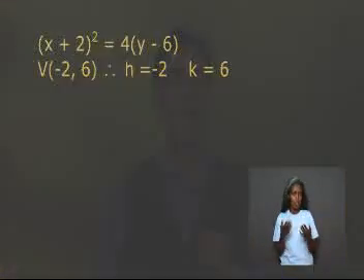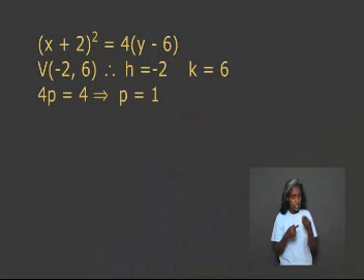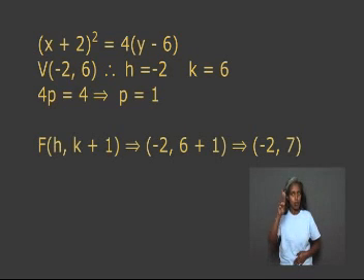Hello, everyone. I am sure you did not find this activity too difficult. The vertex is at (-2, 6). Since 4 times p is 4, we can determine that p equals 1. Since the sign in front of p is positive for this given equation, the parabola opens upward, and F is found at (h, k plus 1).